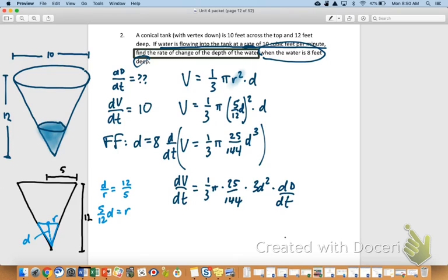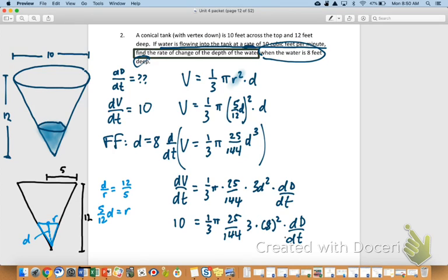Those should all be uppercase D's, sorry. I think you get it. And then it's just a matter of plugging stuff in, right? You know that dV/dt is 10. And you know the freeze frame moment is when D is 8. So that's just a matter of doing some multiplication and division.